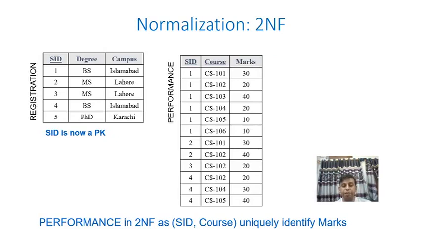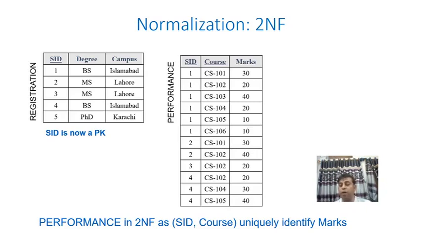In registration we have specified three columns: SID, degree and campus. SID is underlined, meaning it serves as the primary key, and degree and campus are non-key attributes. They are dependent on SID, the primary key. In the performance table we have SID, course and marks.